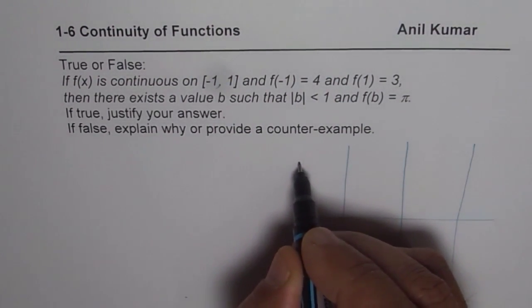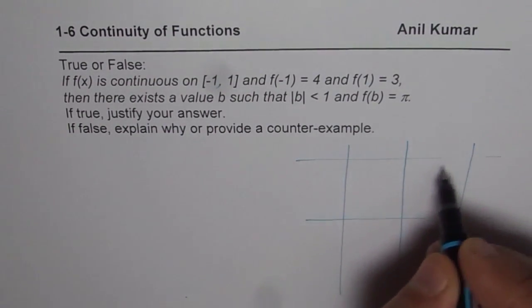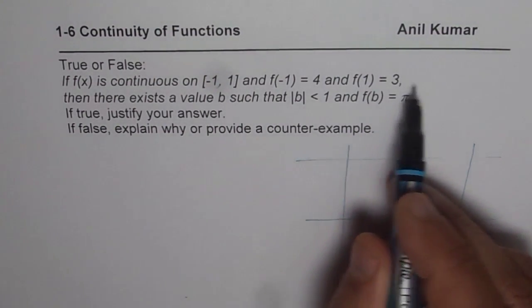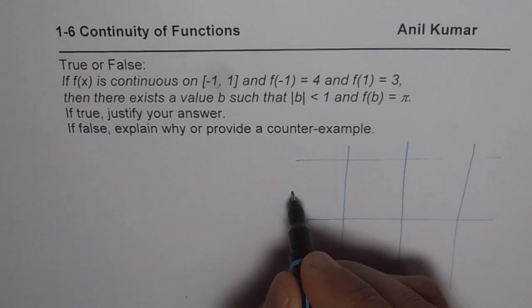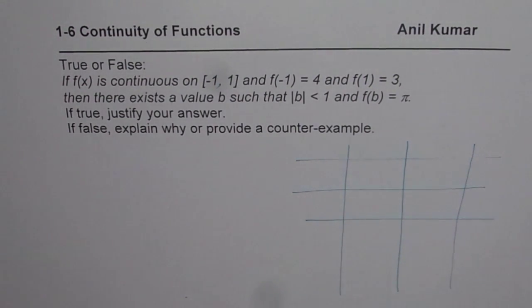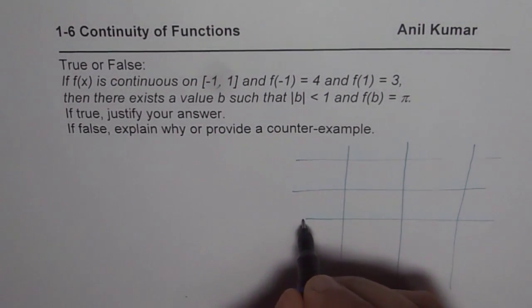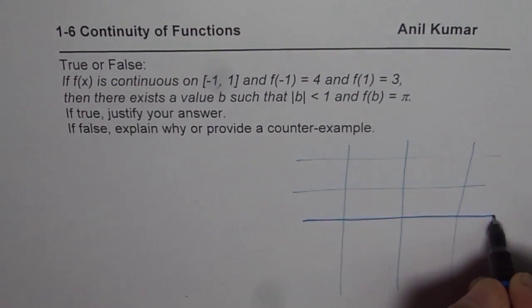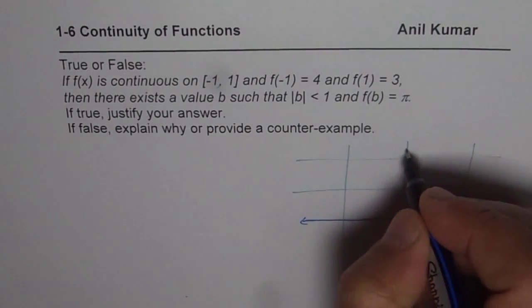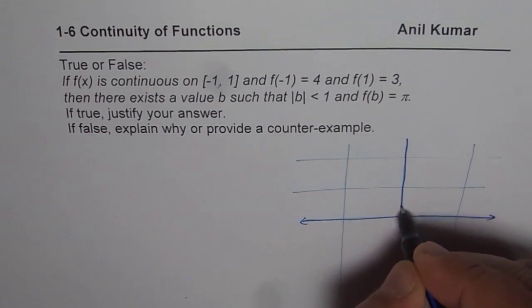So let's say this is the line for 4, and at 1 it is 3, so let's say this is the line for 3. In our grid, the x-axis is along this line, and then we have this y-axis.